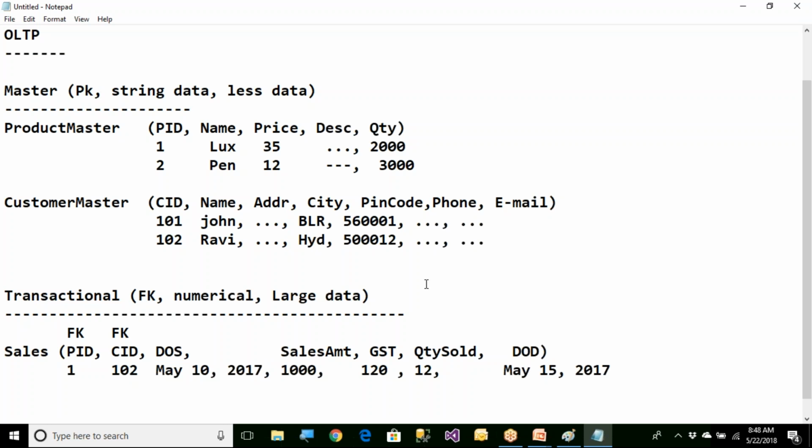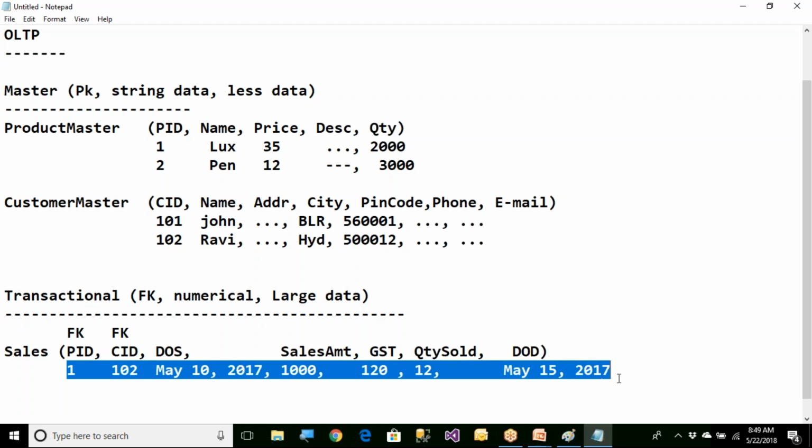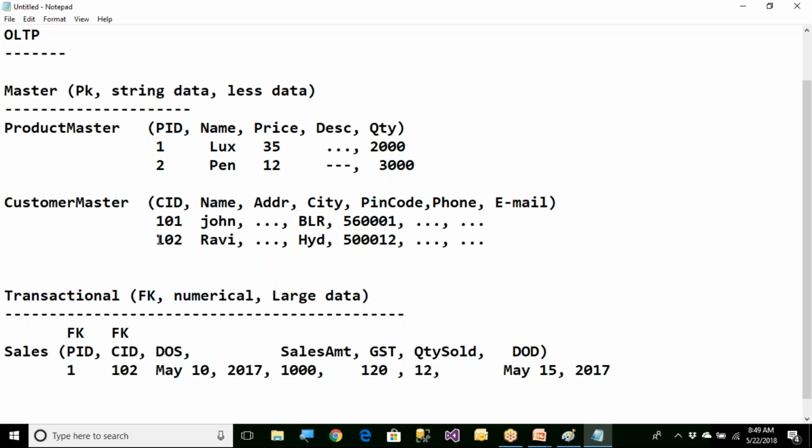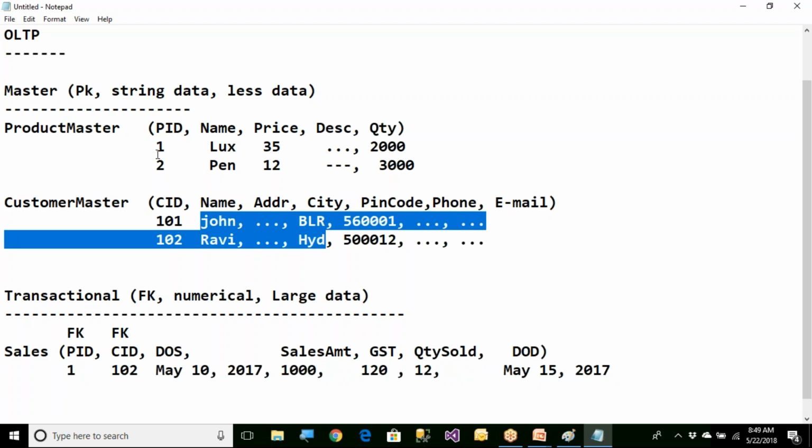Now, if you take this data, you should be able to find more numerical data here, and more string data here. And the first thing you have to understand is that master tables always have less data.